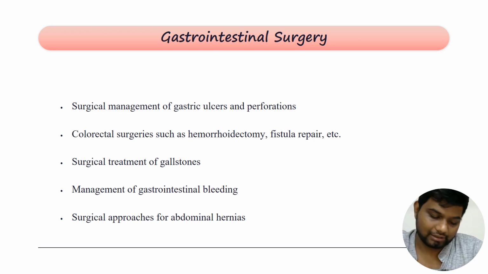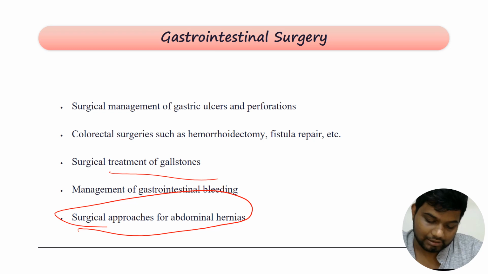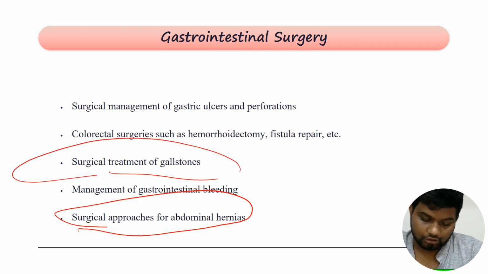Speaking about GI surgery, the very important area is hernias. You may always expect a question from hernias. Apart from that, you have the treatment of gallstones, and then gastric ulcers and perforations.